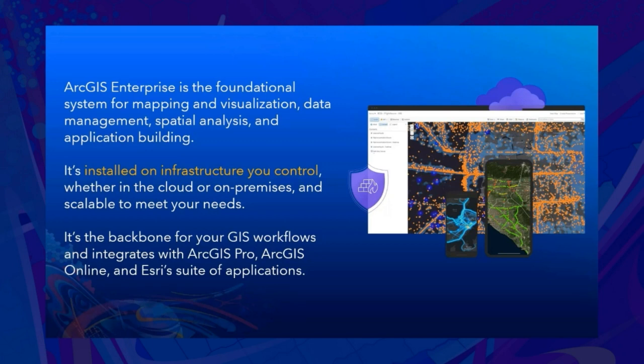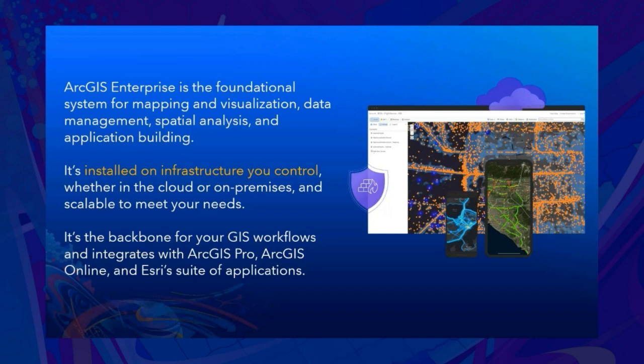It's your choice. And that can be on Windows or Linux, and soon Kubernetes. Whether you're a small one-person shop with a one-machine deployment, or a 1,000-person organization with 25 machines devoted to ArcGIS Enterprise, this product is scalable to meet you and your organization's needs.